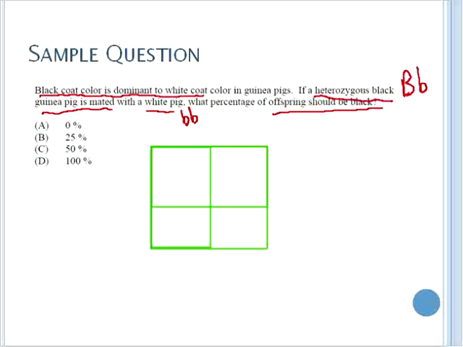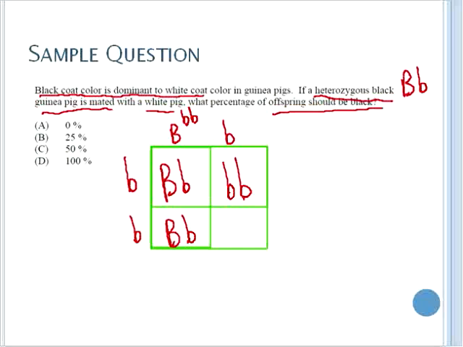We start by writing our possible gametes along the top for one parent, big B, little b, and on the side for the other, little b, little b. I then match up big B, little b, big B, little b, little b, little b, little b, little b.